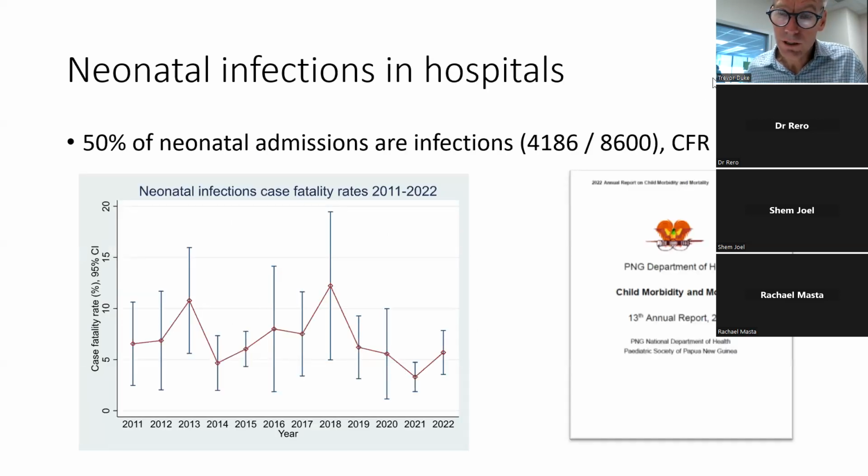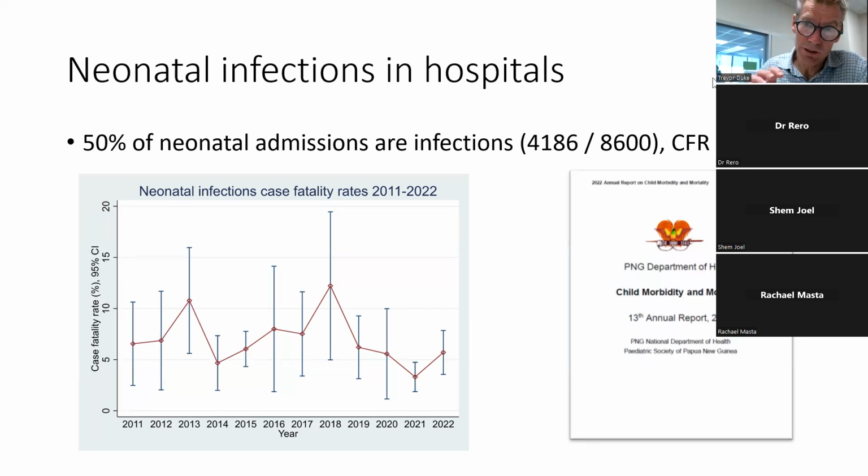So just to go to some very broad epidemiology, we know that of the nearly 9,000 newborn babies that were admitted to special care nurseries in hospitals last year, over half of them had infections, just on half last year, a bit more than half the year before. And the case fatality rate for newborn infections was about 6%.